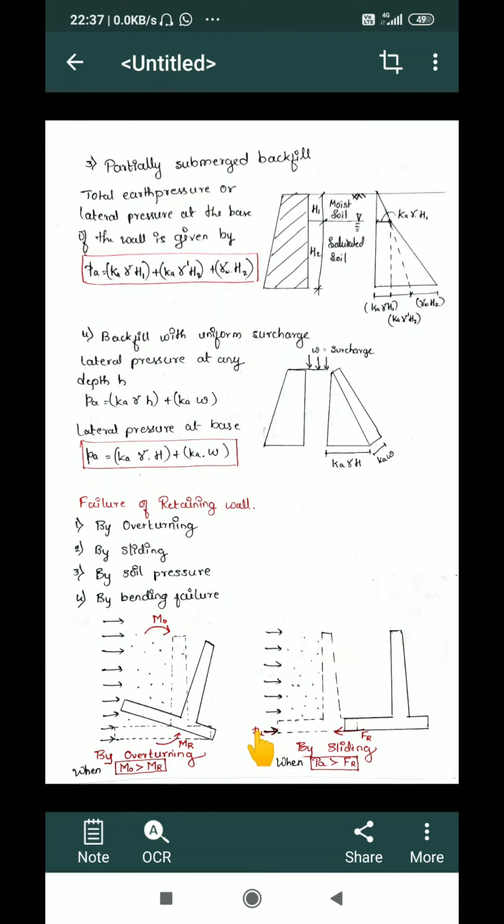Because of this the entire retaining wall may slide along the horizontal axis, and this is called the failure mode by sliding, and this happens only when the earth pressure is more than the resisting force.